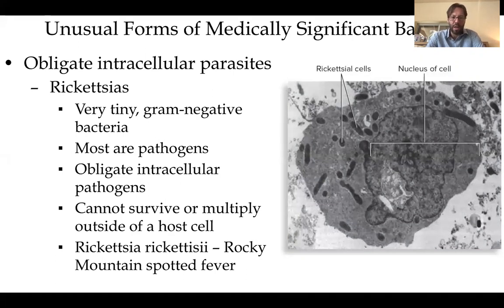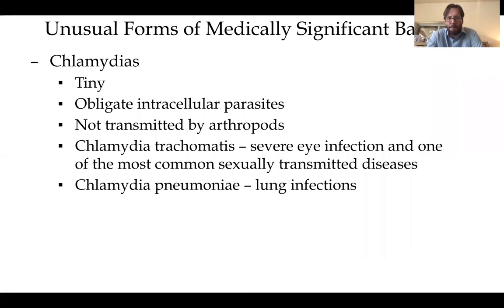Most of them are pathogenic. And without a host, they cannot multiply and divide and survive. They need to have the host. And so this can be an example of Rocky Mountain spotted fever, which one of you originally were going to talk about. It's a pretty gnarly disease, and these are pretty unusual bacteria.